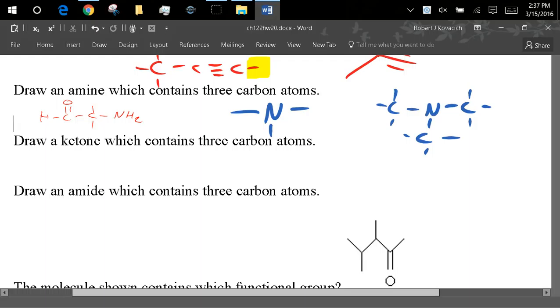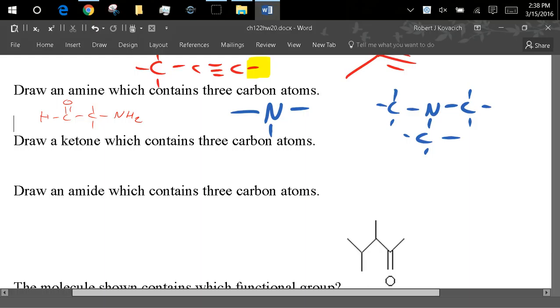What about it? It can't have it at all? So this is an amine because even though there's a C double bond O in there, the nitrogen is not connected to it. The nitrogen has to be actually connected to the carbon that's doubly bonded to the oxygen to be an amide. So this is an amine on the right-hand side. What's on the left-hand side?